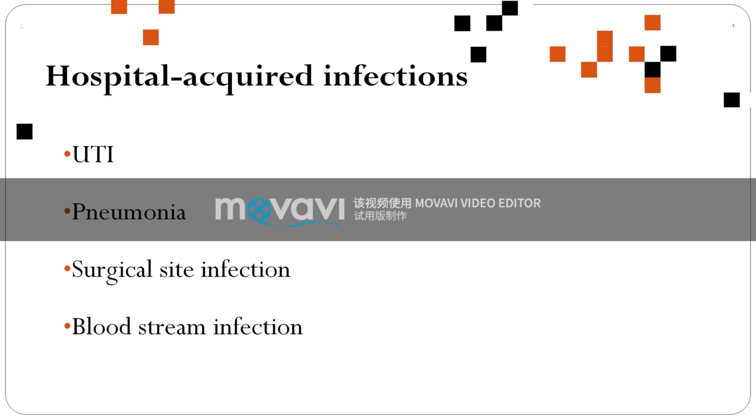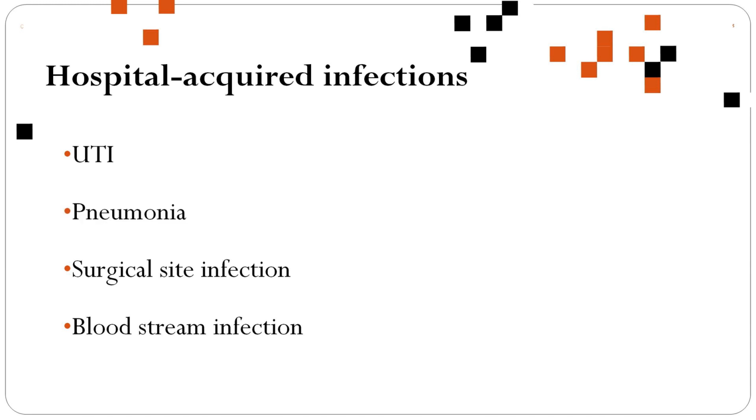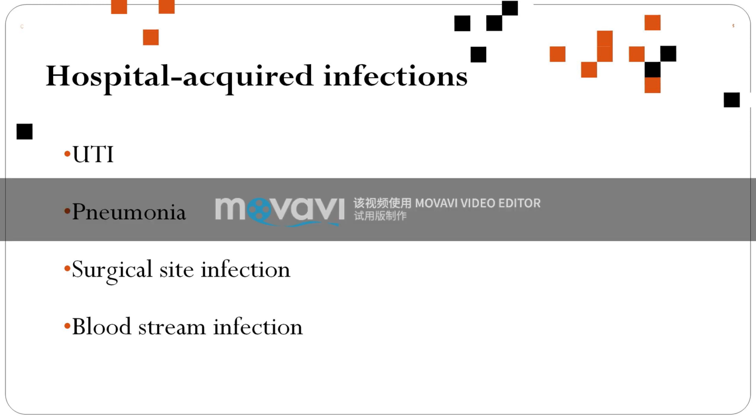From 2015 to 2016, hospital-acquired urinary tract infection accounted for 26.6% of all hospital-acquired infections, which is the most common. A patient with hospital-acquired UTI will have a 20.6 days longer hospital stay than a patient without this infection.